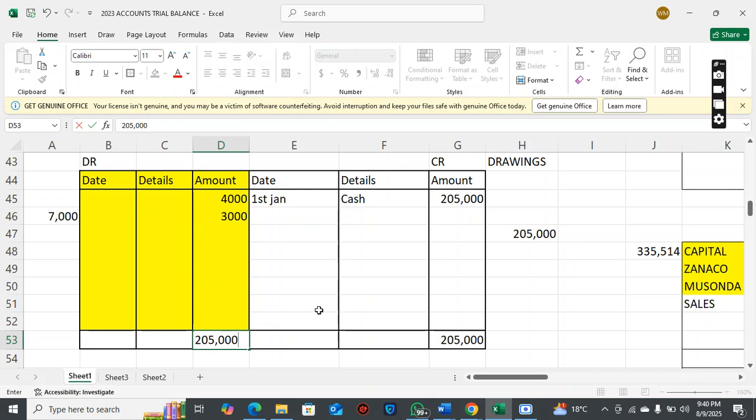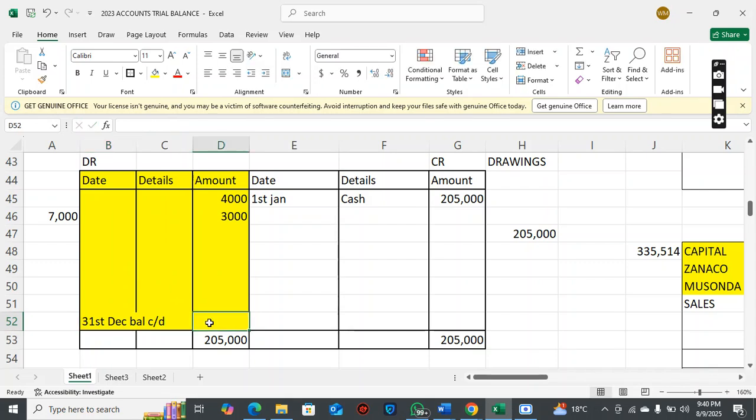Once you've determined the higher amount, then on the debit side, since the debit side is the lower side, it's got 7,000. So you're going to write 31st December, balance carried down. The balance carried down should always be on the lower side, and this side is the debit side.